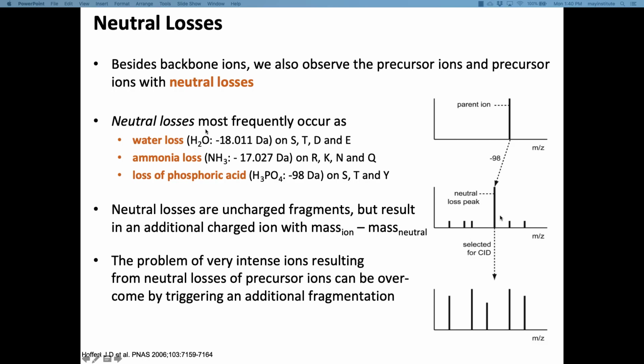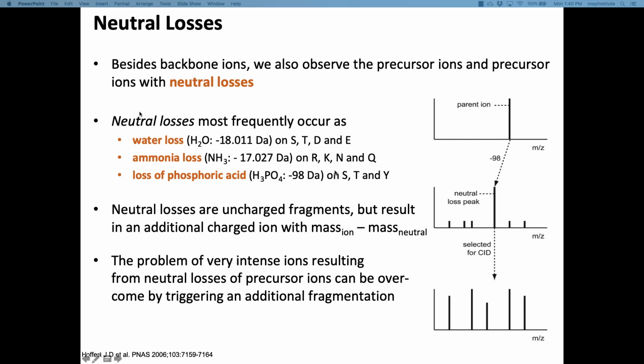Yes, please. Why do you have ammonia loss only on those amino acids? Not every amino acid can lose ammonia easily. It's about the structure. What's special about these amino acids? Yeah, not all of them are charged.